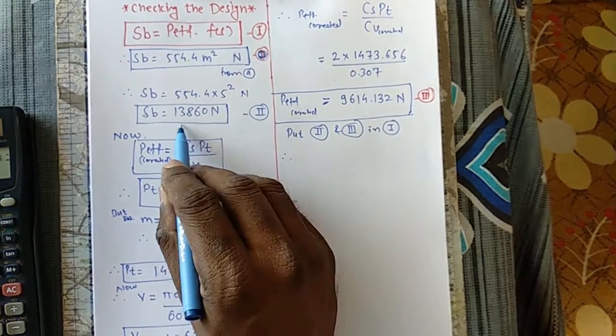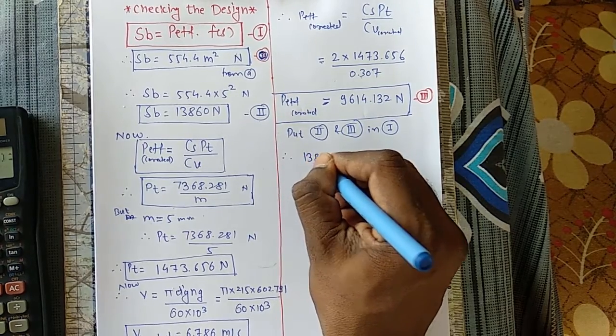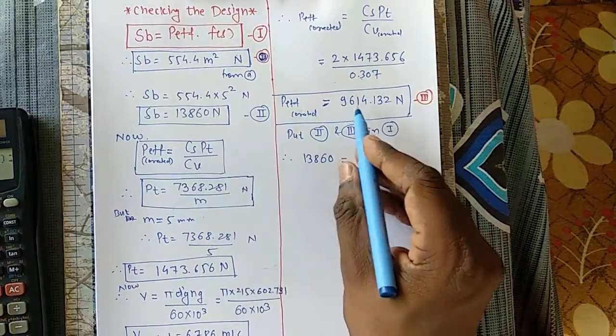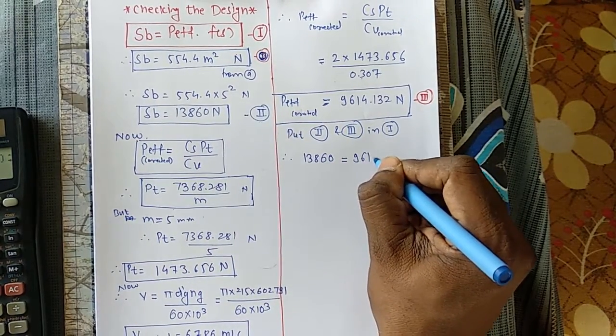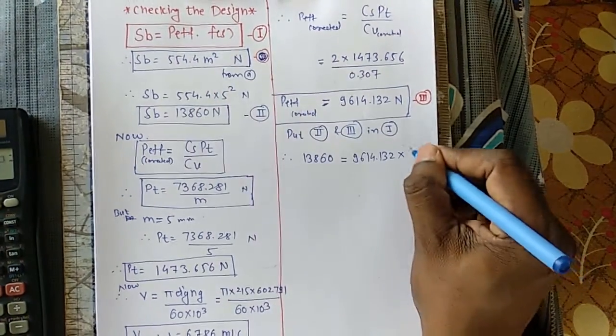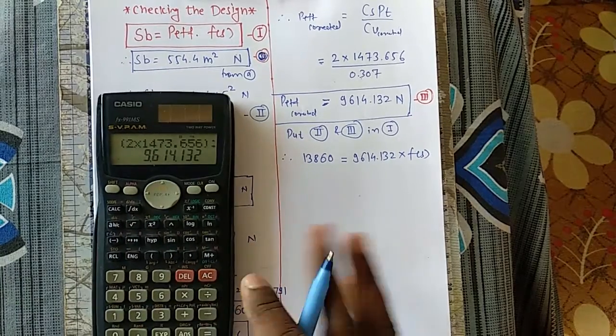The value of equation 2 we got is 13860, that is equal to, here P effective is 9614.132, and the factor of safety we have to calculate, and check whether it is greater or less than the given factor of safety.